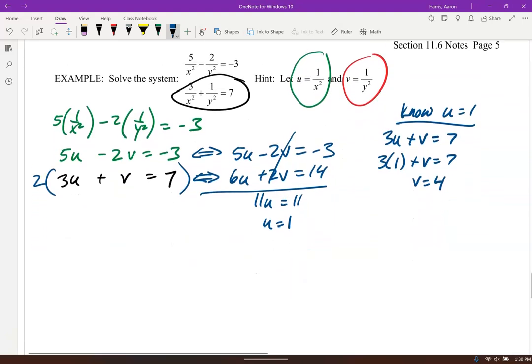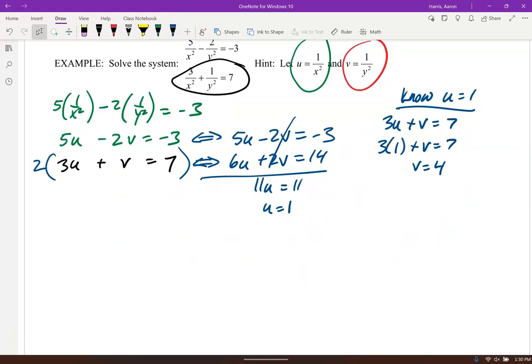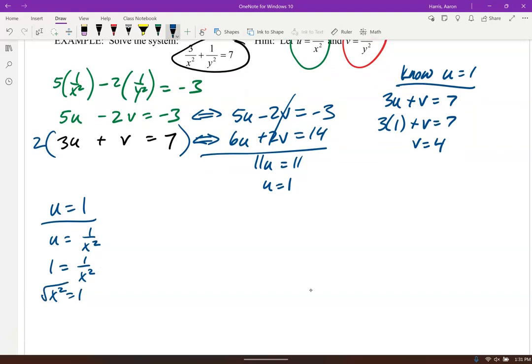So if u is 1, then what's our actual x? U is 1, because we made that substitution. U is 1 over x squared. Multiply both sides by x squared. Square root, plus or minus 1. Right?